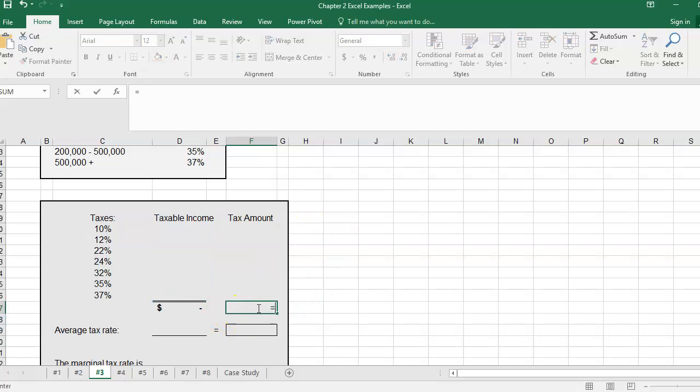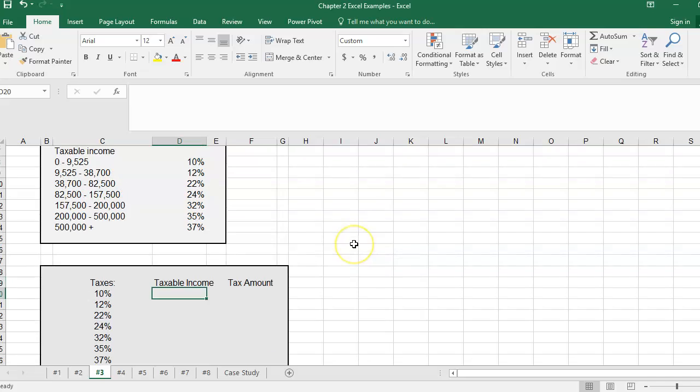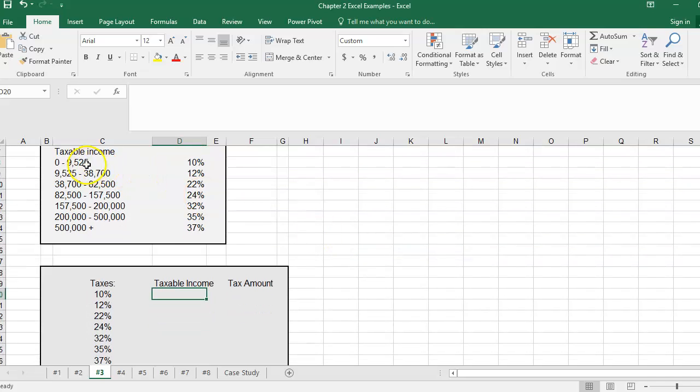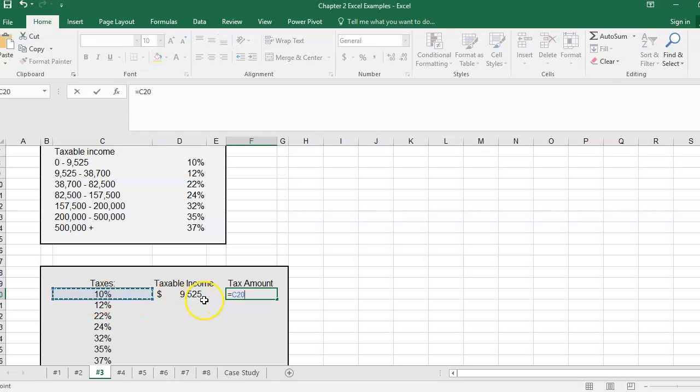I'm also going to add up our total tax amount that we're going to be calculating. So we're going to start in the 10% bracket. So we pay 10% of the first $9,525 of income. We take that 10% times $9,525.